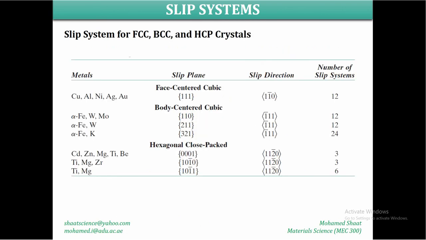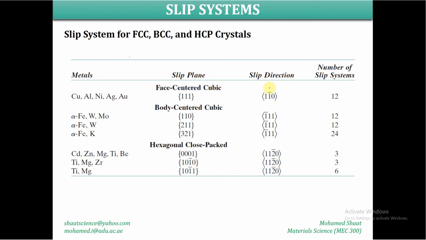So this table gives you a summary about the different slip systems and the number of slip systems that belong to a BCC crystal structure, an FCC crystal structure, or even a hexagonal close-packed crystal structure. For example, for FCC crystal, we have only one option, one slip system, which is {111}<110>, any direction that belongs to this family.